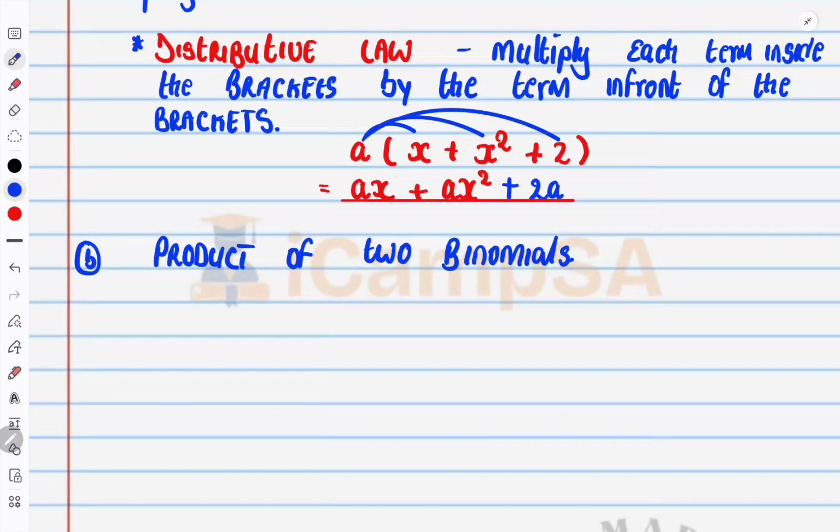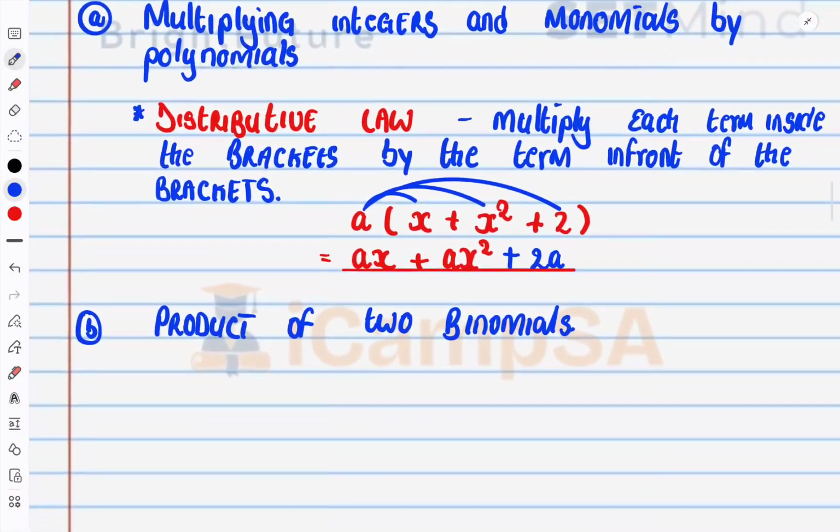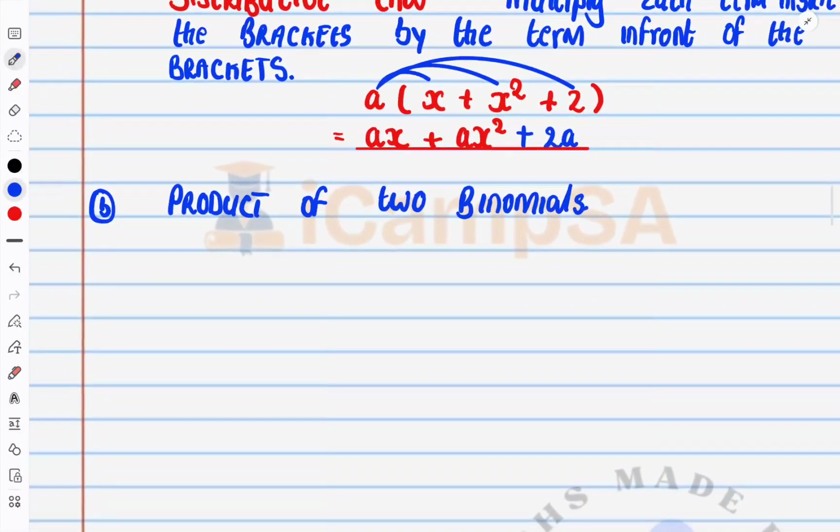So it's still almost the same thing as multiplying an integer or monomial by a polynomial. It's still very similar, in that each term will be used to multiply each term in the other bracket, and then we deal with the second term. But let's use an example to illustrate this.